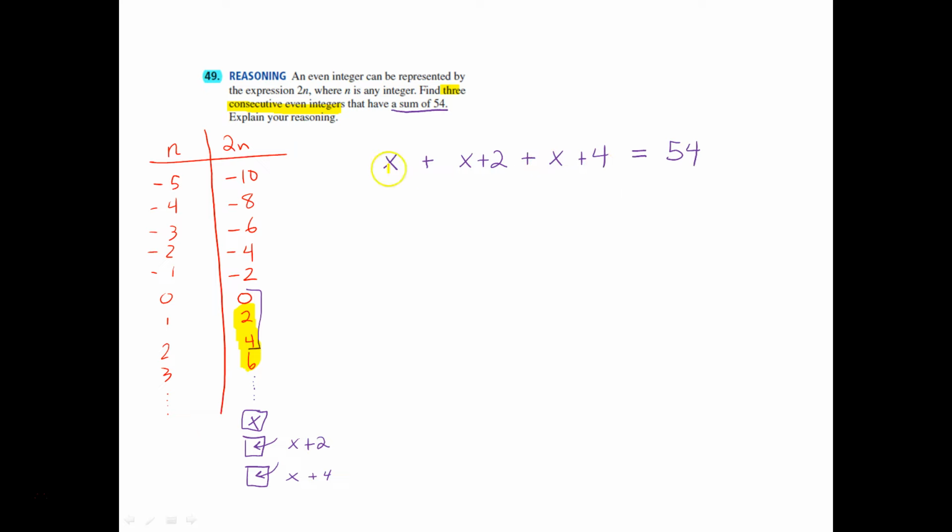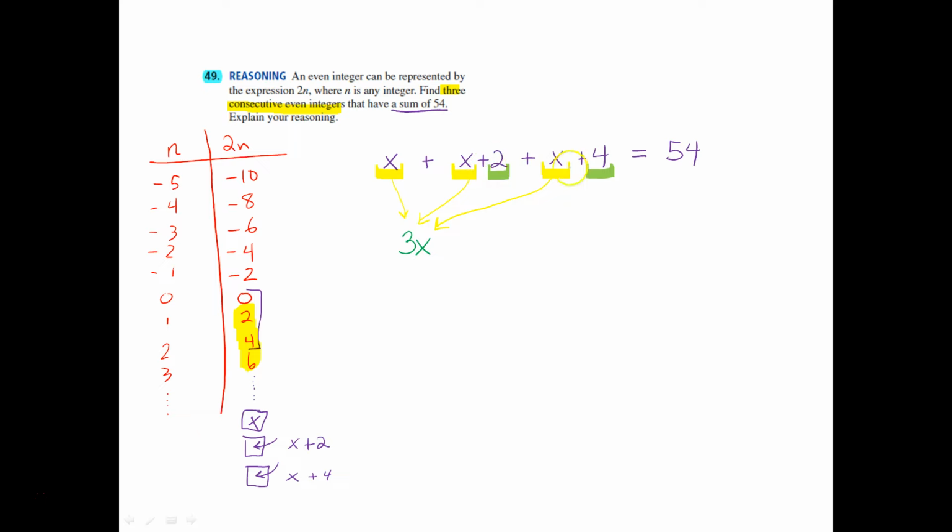Well, to solve, I need to start simplifying the left side. The right side just has one term. The left side has a bunch, and some of them are like terms. We've got an x here, an x there, and an x here. x plus x plus x gives us 3x. Then we've got a couple other like terms, 2 and 4.